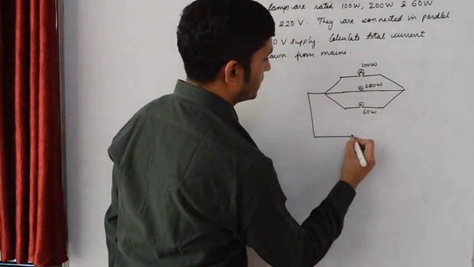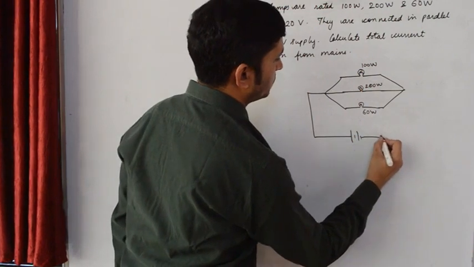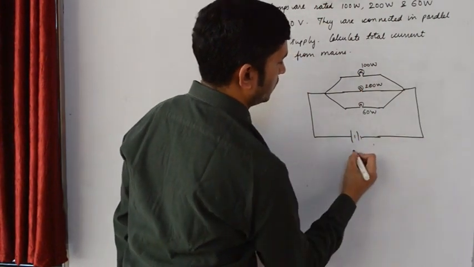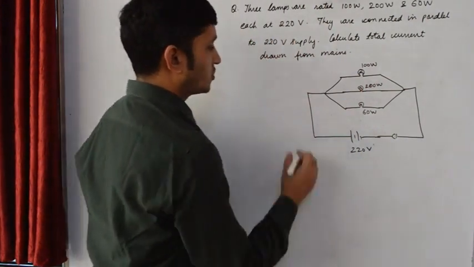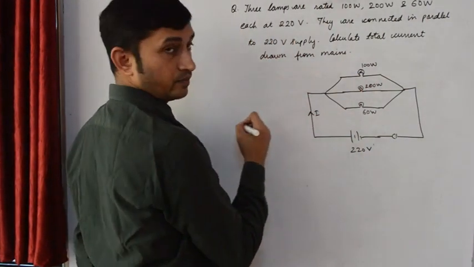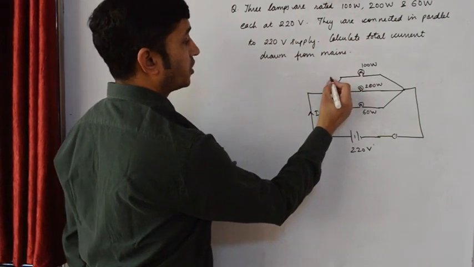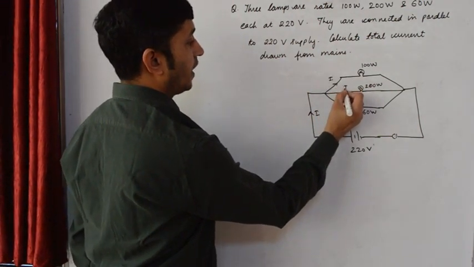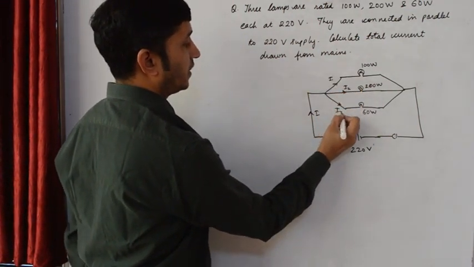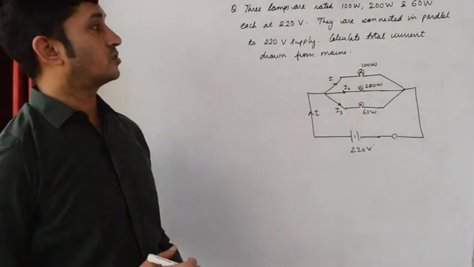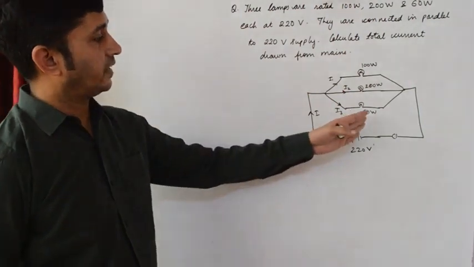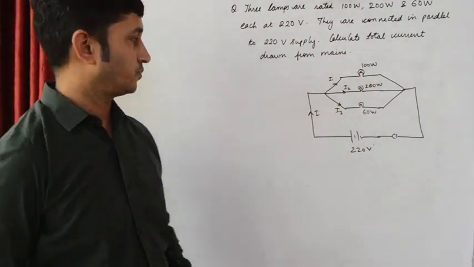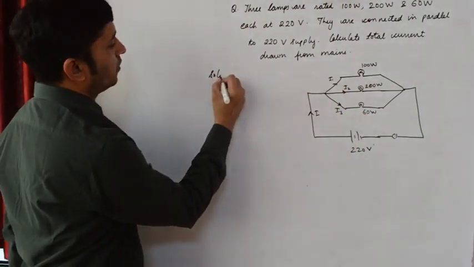They are all connected in parallel to a 220 volt supply. So here let the total current be I. Here current can be divided into three parts: I1, I2, I3. I1 current goes to the 100 watt bulb, I2 current goes to the 200 watt bulb, and I3 current goes to the 60 watt bulb.